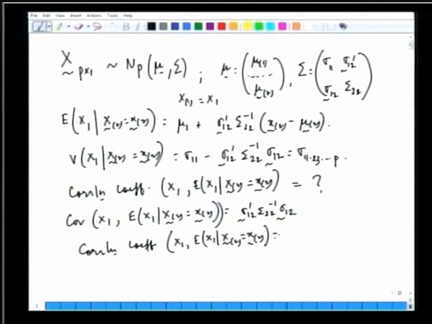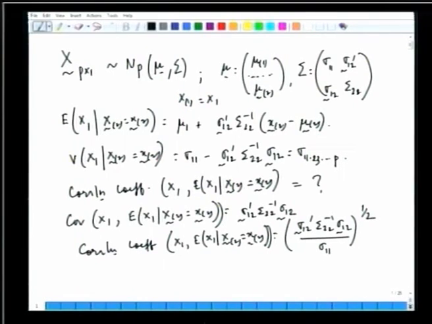The variance of this expectation again gives back the same factor. So, with the root of it, what we have is sigma 1 2 sigma 2 2 inverse sigma 1 2 with sigma 1 1 and raised to the square root.